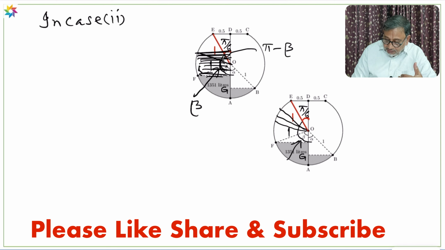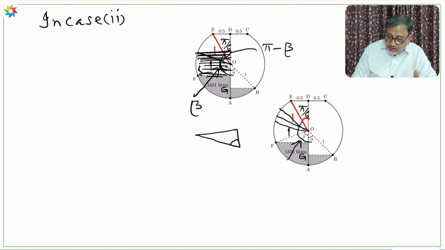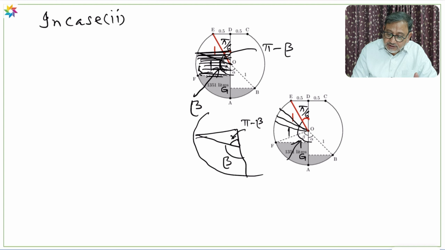The angle from the sector side will be beta, but the internal angle for the triangle will be pi minus beta. So for this triangle, this angle will be pi minus beta, and from the outside all of it will be beta. So if the water is filled like this in the whole of this space, right? Let me take some light shade.